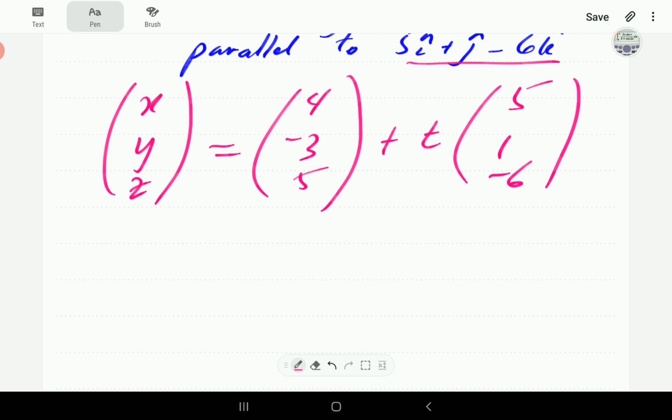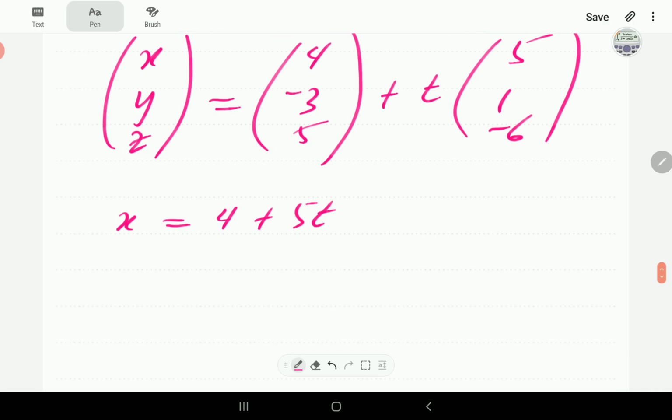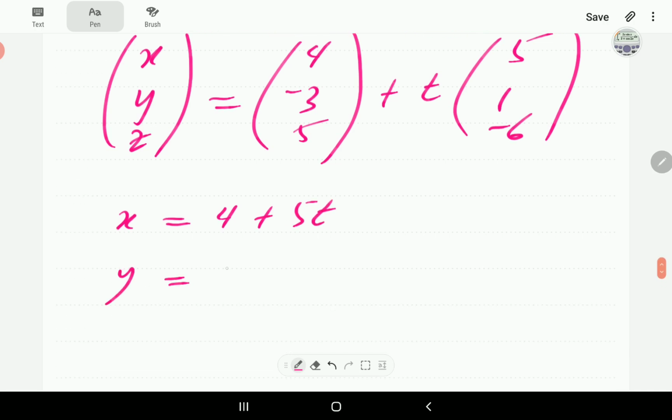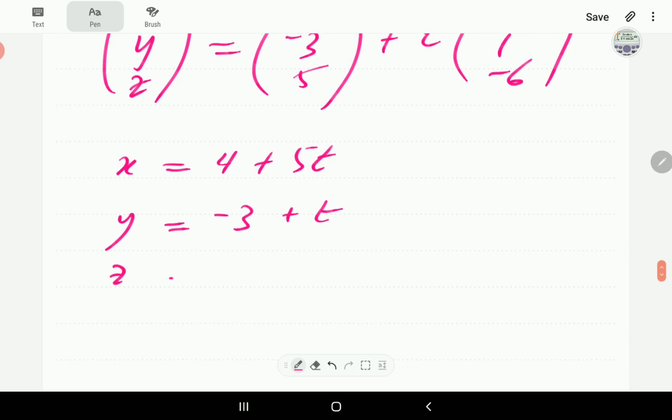Then the parametric form, if we break this down into the individual components, x is going to be 4 plus 5t, y is going to be minus 3 plus t, z is going to be 5 minus 6t. That is going to be your parametric form.